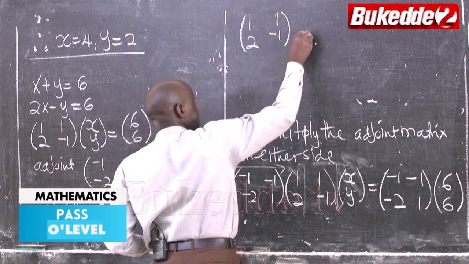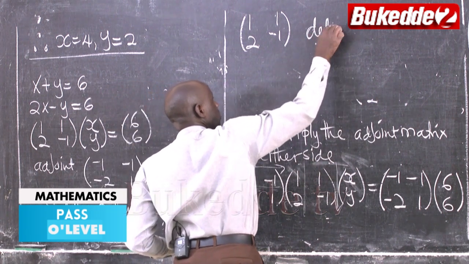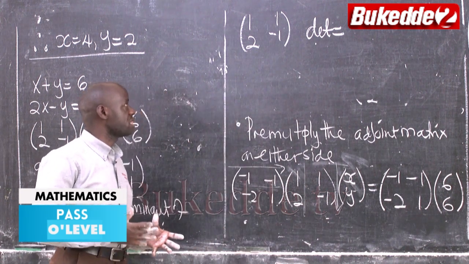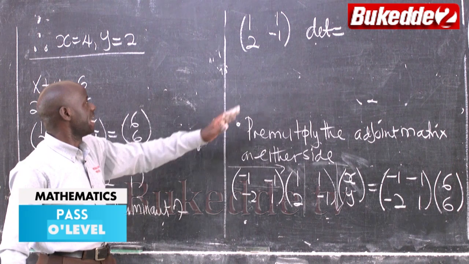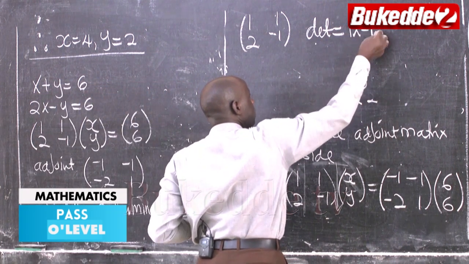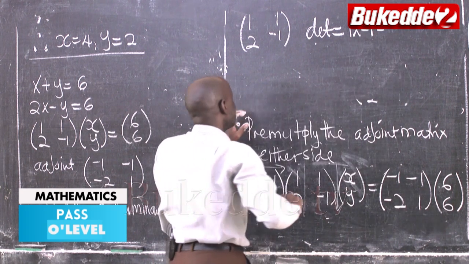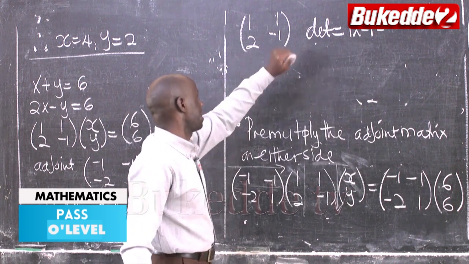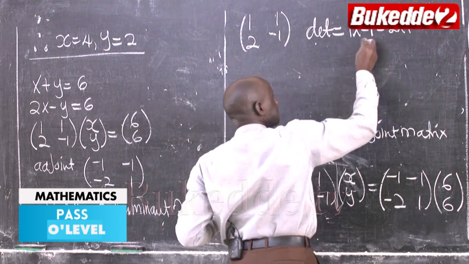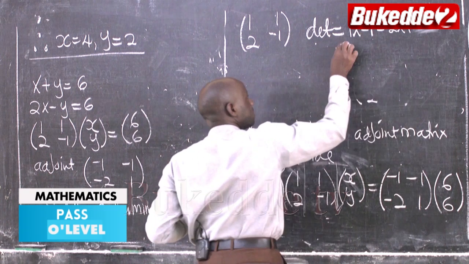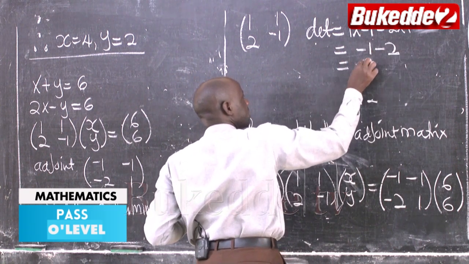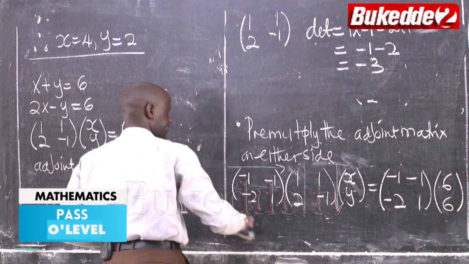That is, the determinant is going to be equal to the difference between the product of the elements in the major diagonal, which is 1 times negative 1, less the product of the elements in the minor diagonal, which is 2 times 1. This gives us negative 1 minus 2 to give us negative 3 there.